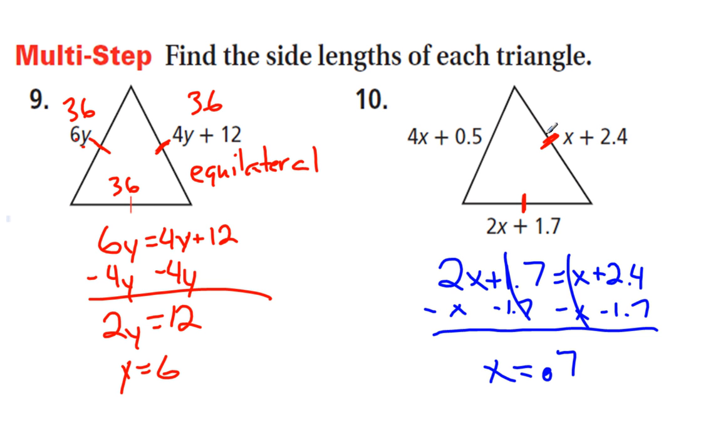Okay, so 0.7 plus 2.4 is 3.1. 2 times 0.7 is 1.4 plus 1.7 is, guess what, 3.1, because they're equal. And 4 times 0.7 is 2.8, right? Plus 0.5 is 3.3. So we say this is isosceles.